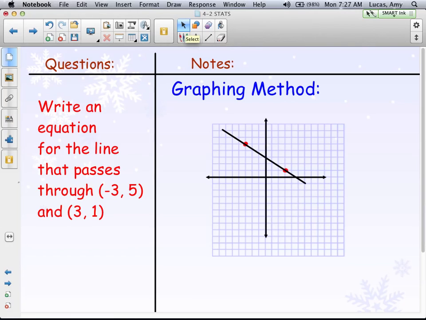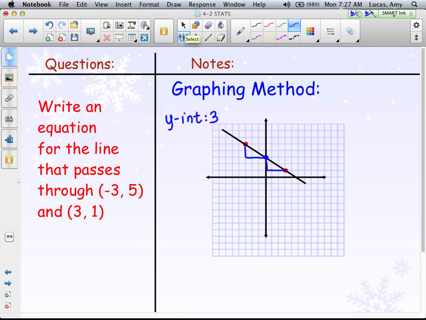Okay, so it looks to me like my intercept is right here. So my intercept is 3. And it looks like my slope is going down 2 over 3, down 2 over 3. So my slope is -2/3.